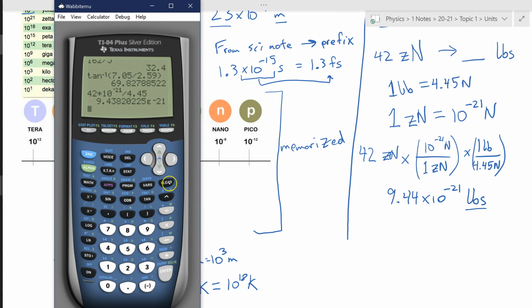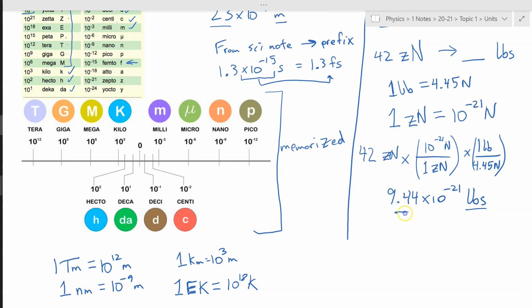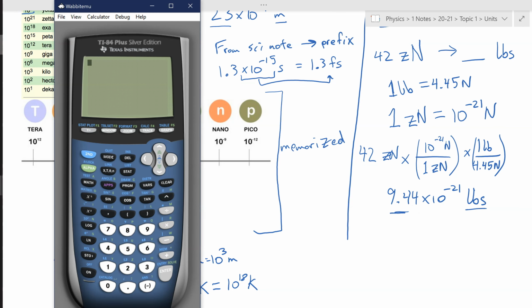But officially, the way you should enter, so that E right there means times 10 to the, and the number that comes after it is the exponent on the 10. If I wanted to type that number into the calculator, the way you do that is 9.44. Then there's a little blue EE above the comma, so you do second comma, and that puts the E, which is a shortcut. The calculator thinks of that E as times 10 to the, and then you just type a regular number after it.